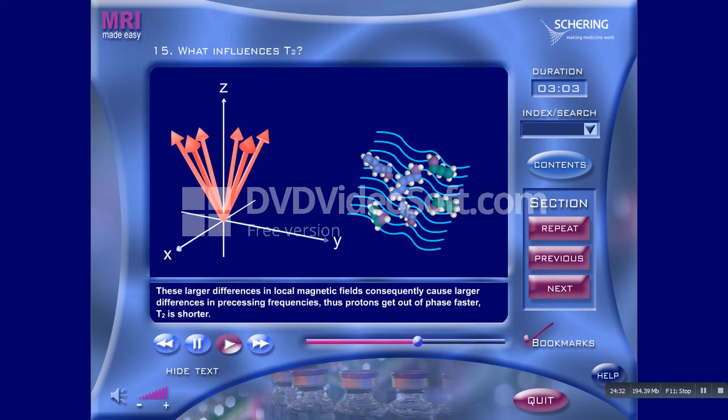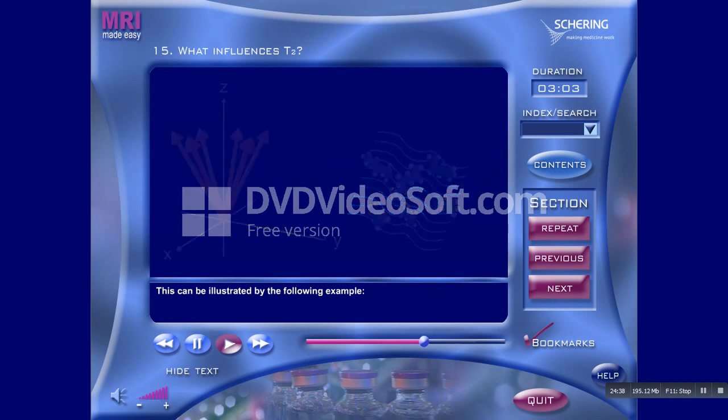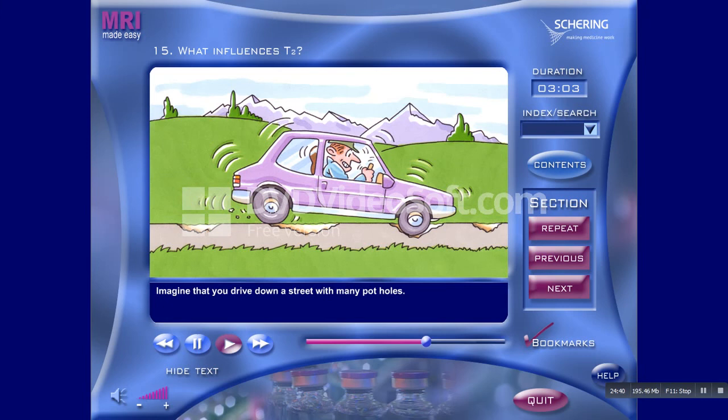This can be illustrated by the following example. Imagine that you drive down a street with many potholes. When you drive slowly, which is equal to the surroundings moving slowly, and you are standing still, your car will be bumping up and down as it drives over each pothole. The differences in the surroundings, the magnetic field variations, influence you considerably.